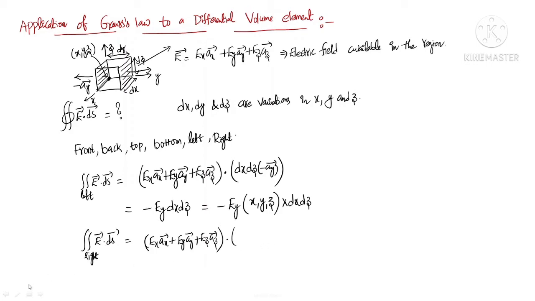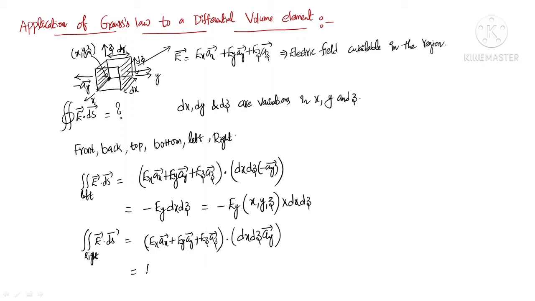Now let us do that, and it is dx dz ay bar. Again, if you take the dot product, what will you get? You will get ax bar dot ay bar 0, az bar dot ay bar 0, and ay bar dot ay bar is 1.